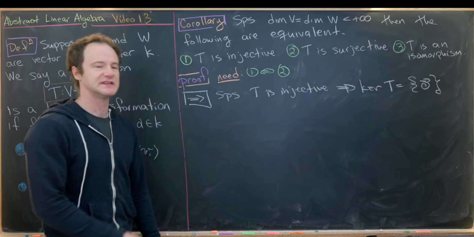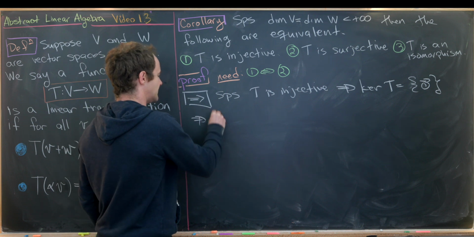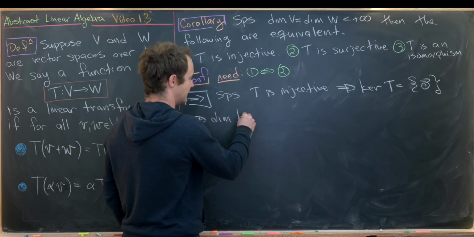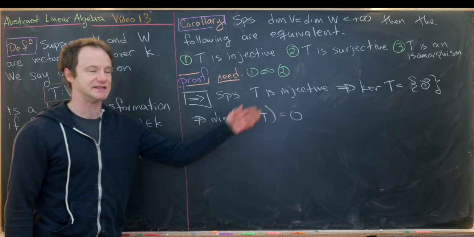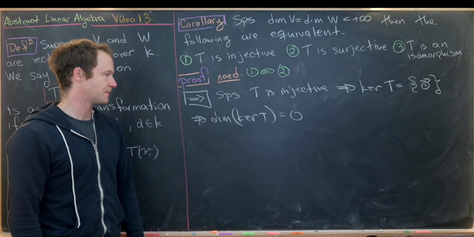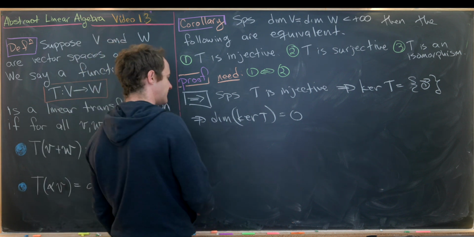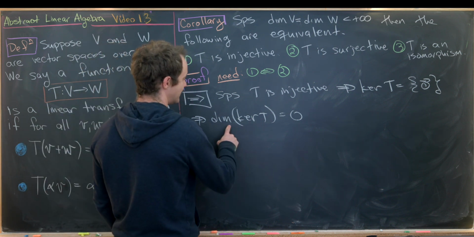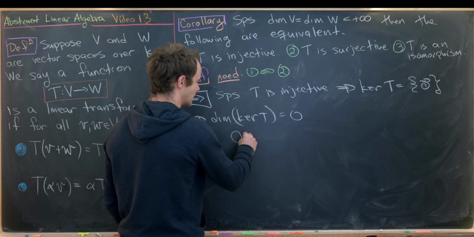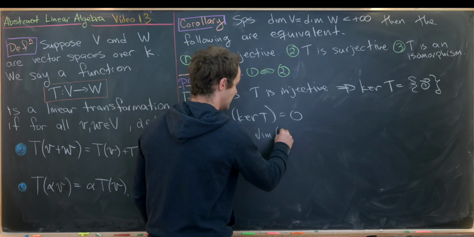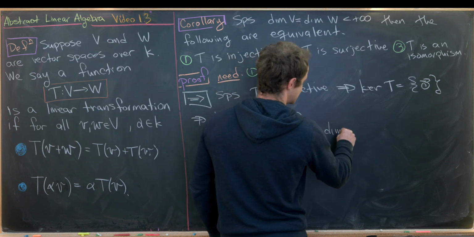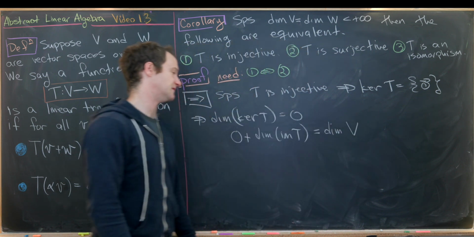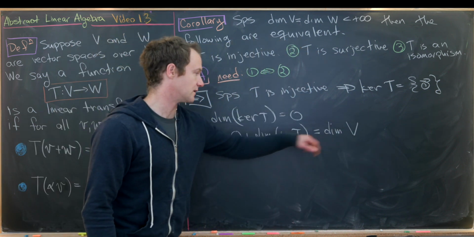But if the kernel of T is only the 0 vector, then that means the dimension of the kernel of T is equal to 0. That's a 0-dimensional vector space. Okay, but that gives us the following equation. We have the dimension of the kernel, which is 0, plus the dimension of the image of T equals the dimension of our vector space V. And this is by the rank-nullity theorem.